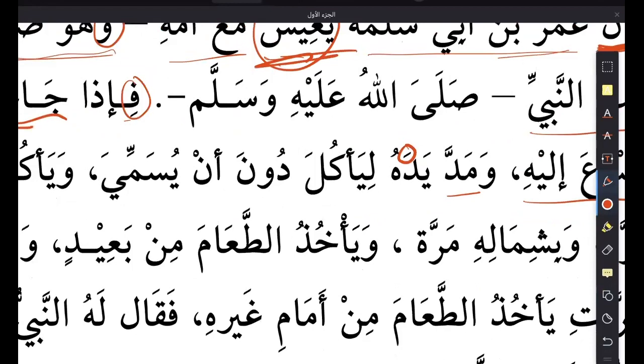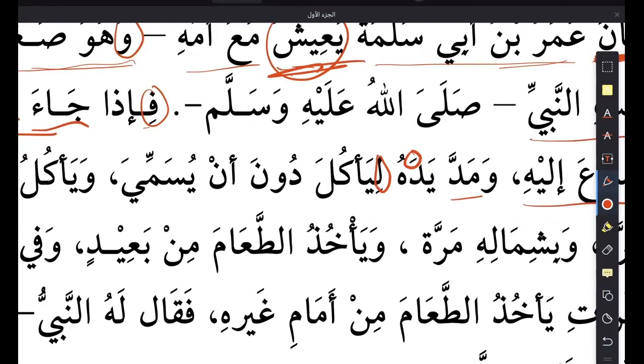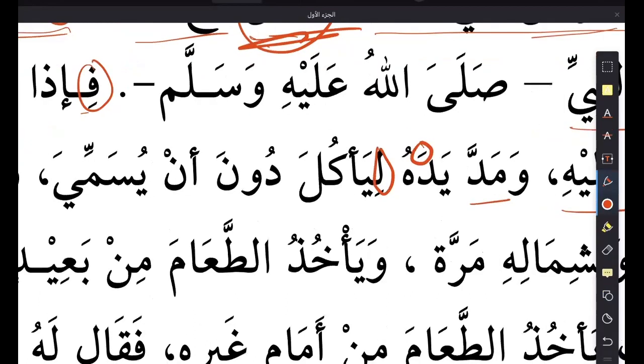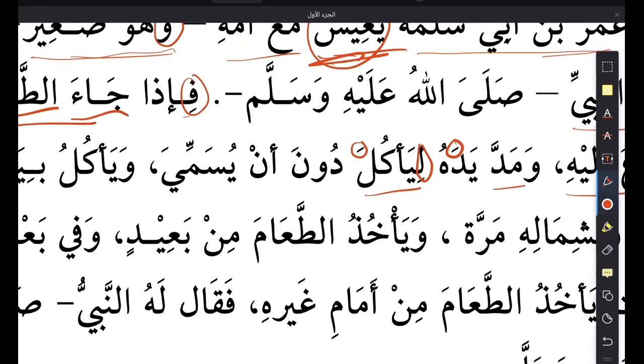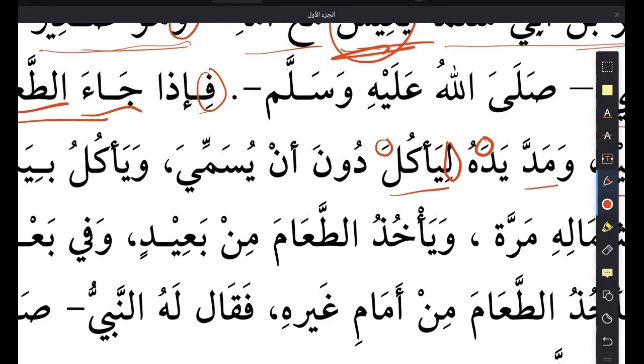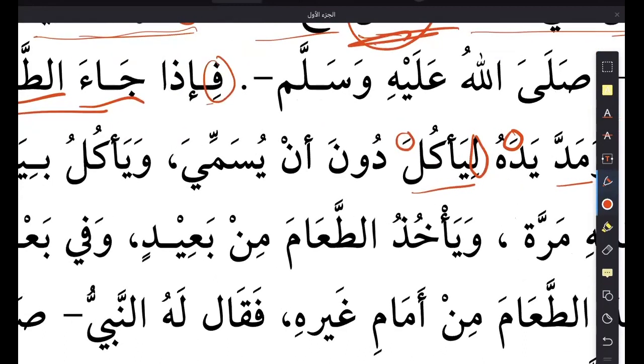Why? Li yakula. Li here means in order to, and when we have this li, the verb takes a fatha. Inshallah, don't worry too much about this right now; we'll cover it later. So li yakula duna an yusammi.